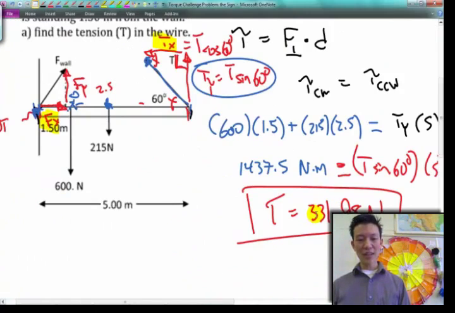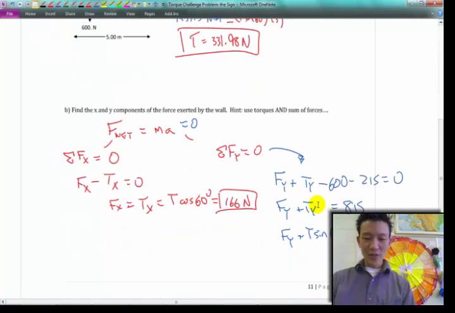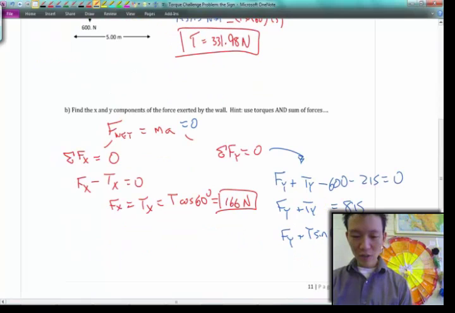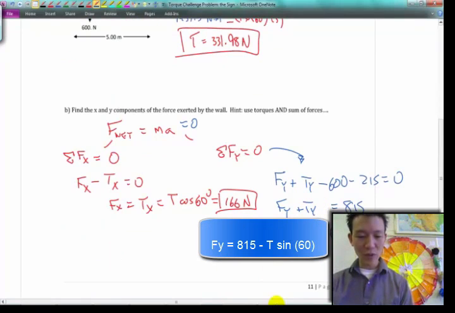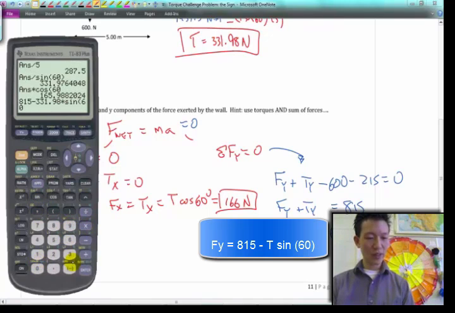So now we're almost done. It's like a nasty jigsaw puzzle. We're coming right towards the end here. If we get out our calculators, we can solve for the final force in the y direction. We take 815 and subtract from that the tension in the y direction, which is 331.98 times the sine of 60 degrees. And if all goes well, we can take a deep breath.